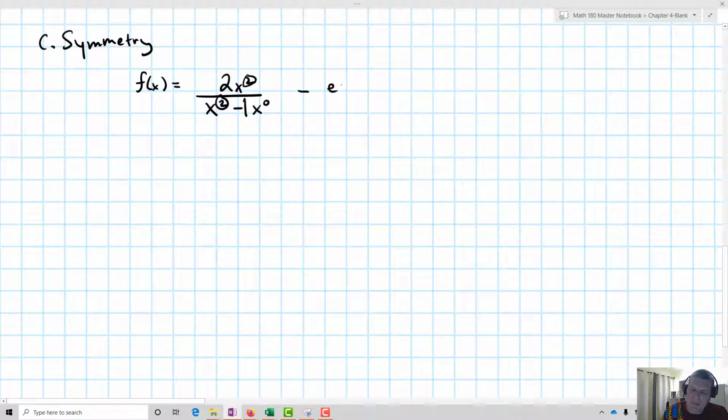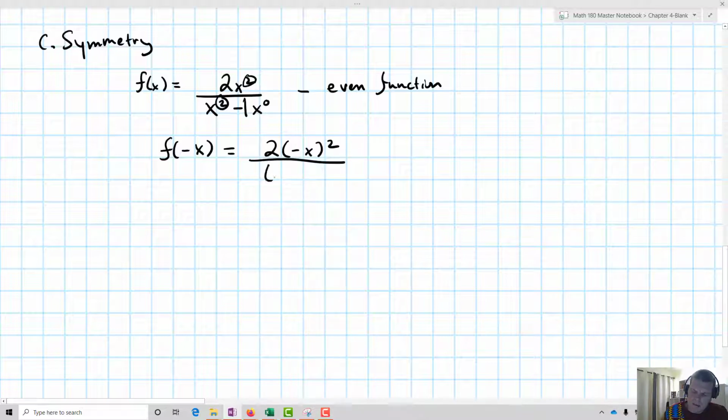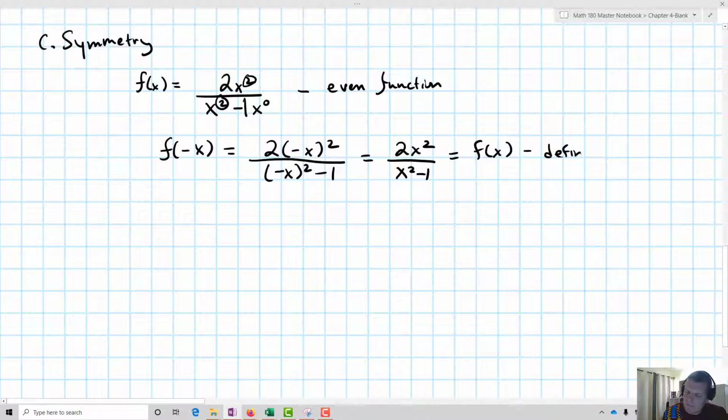This is going to end up being an even function. Specifically, if I plug in negative x, f of negative x equals 2 times negative x squared divided by negative x squared minus 1, and that ends up being 2x squared over x squared minus 1, which is just equal to f of x.